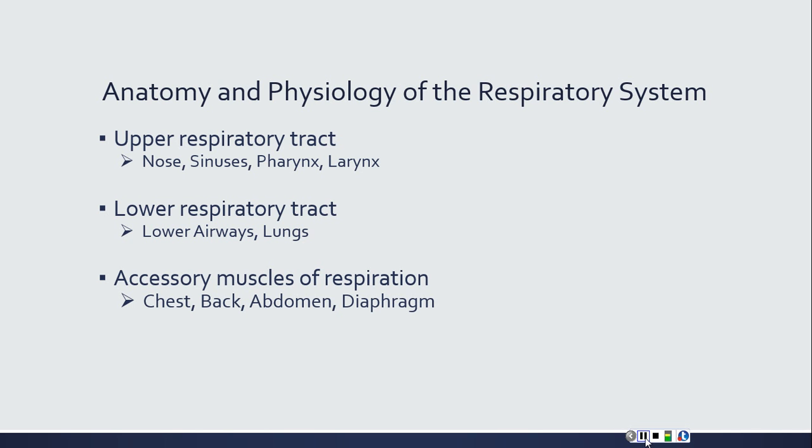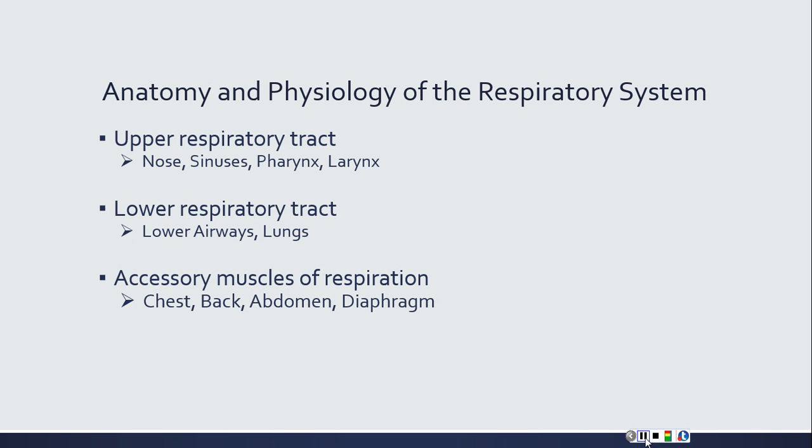All right, let's see. We've talked about a few of these outliers. What's the main function of the respiratory system going to be? Gas exchange. Why is gas exchange important? There you go. Tissue perfusion. What do the cells and tissues have to have to function? They got to have oxygen.